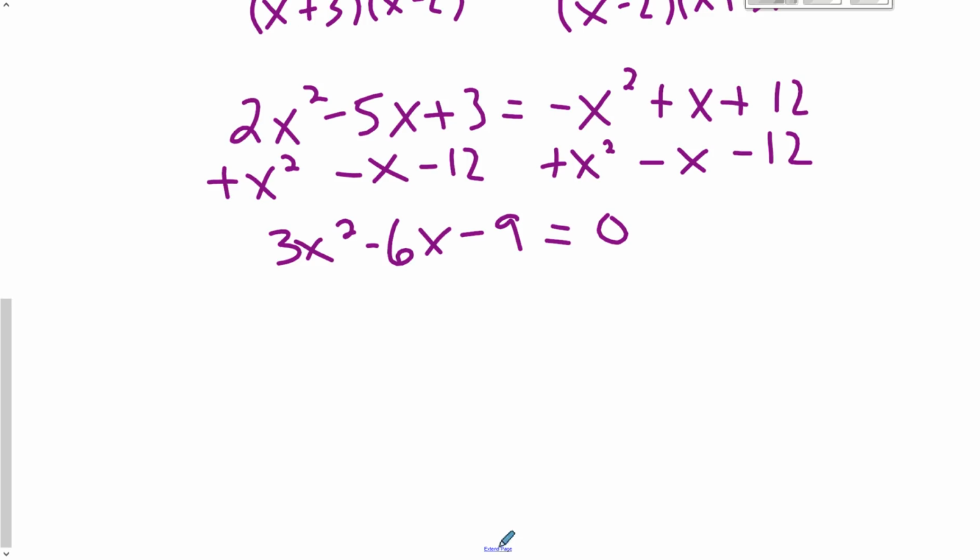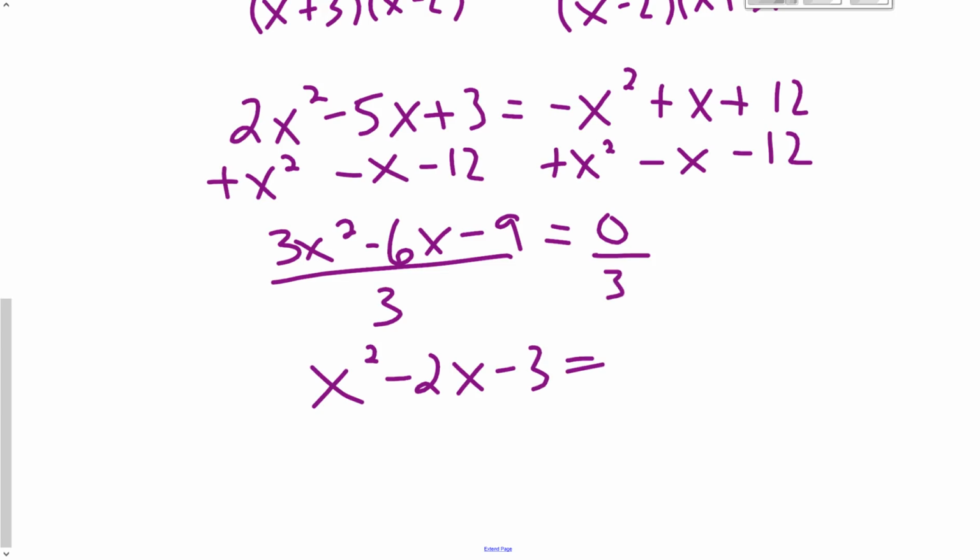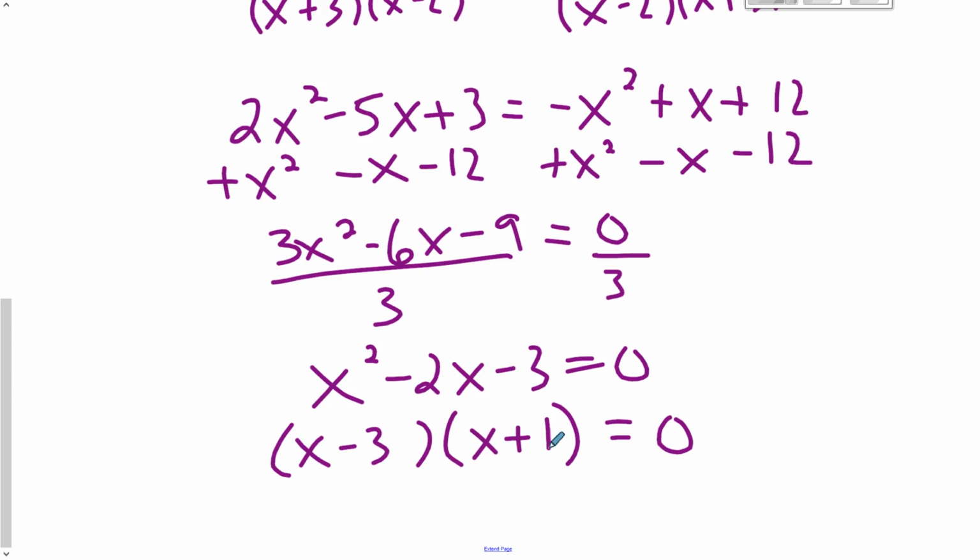And then the nice thing here is all of these coefficients are divisible by 3, so I can divide by 3 on both sides. I get x squared minus 2x minus 3 equals 0. And then this is a little bit more easily factored. So we get x minus 3, x plus 1, if I factor it. So that means my zeros are going to be x equals 3 and x equals negative 1.